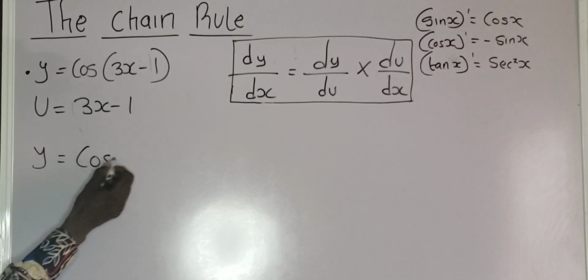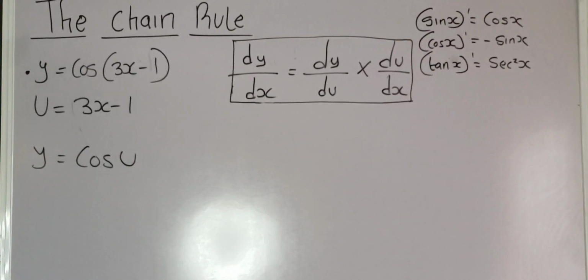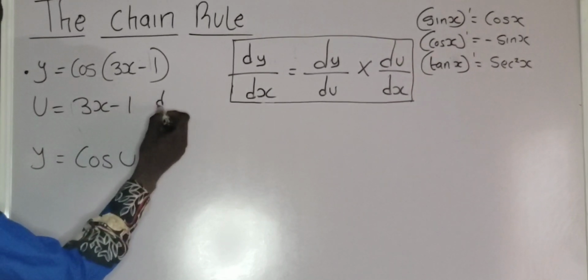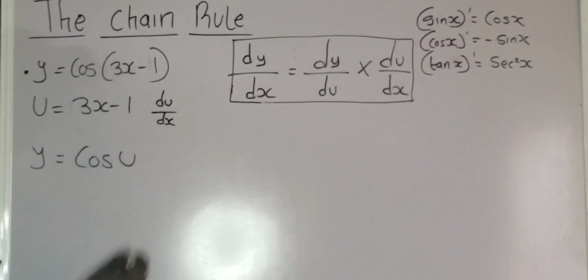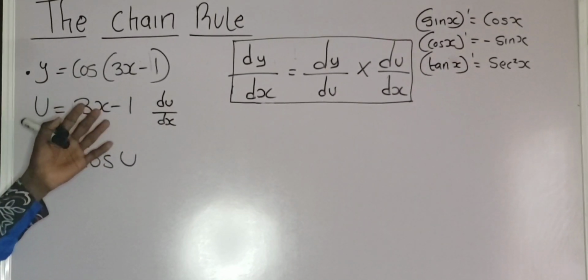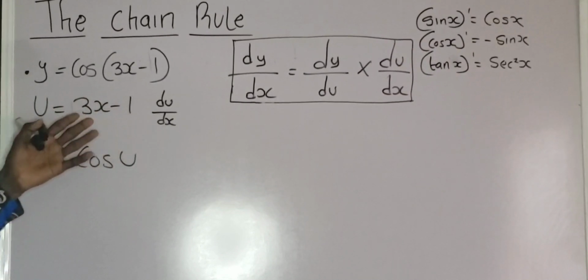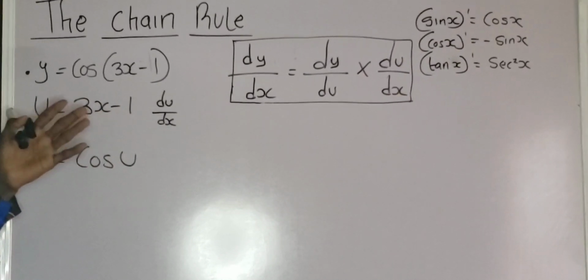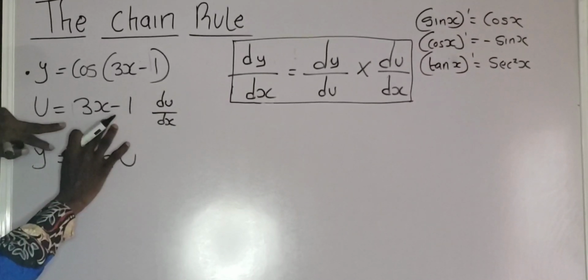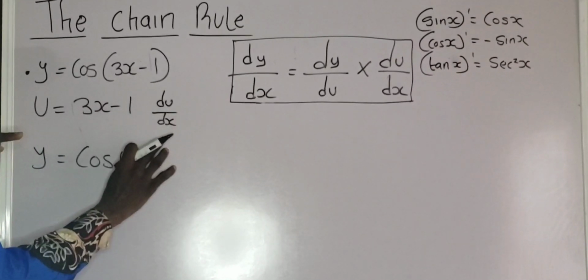Cos u. You understand? So now, the next step is that I'm going to take the derivative of the inner function and the outer function. So u is equal to 3x minus 1, du over dx. Don't forget, I'm differentiating with respect to what I have here. If I have t here, that will be du over dt. If I have any letter here, I'm going to differentiate with respect to the letter that I have here. But I'm having x here, that is why I wrote du over dx. You understand?